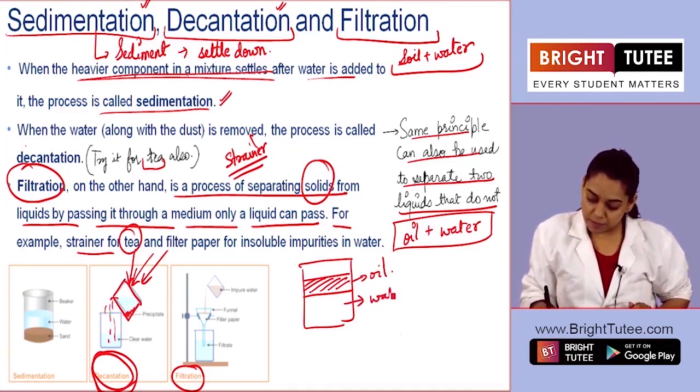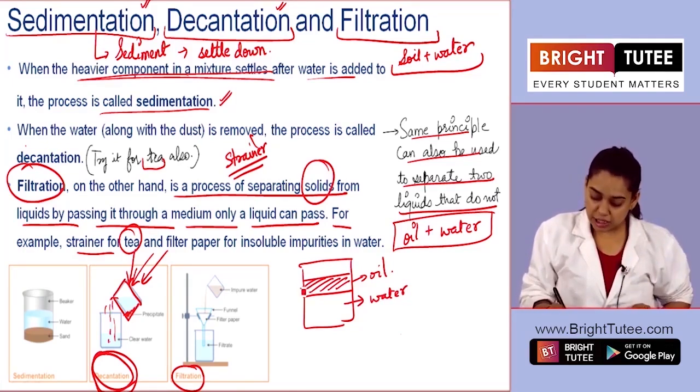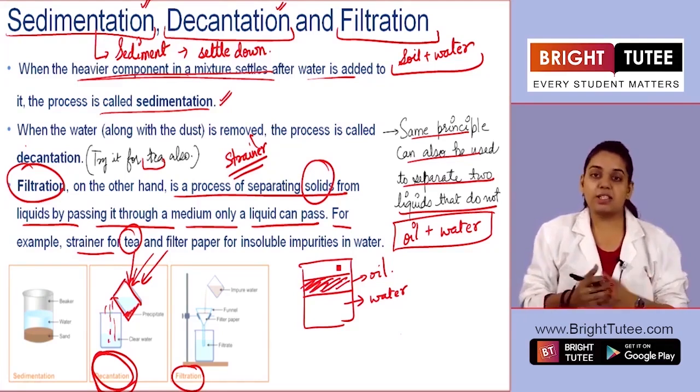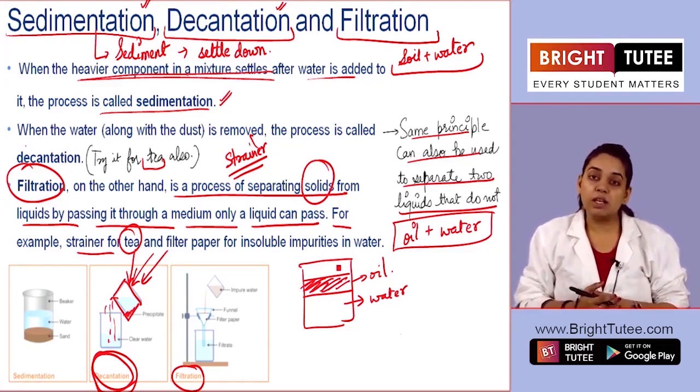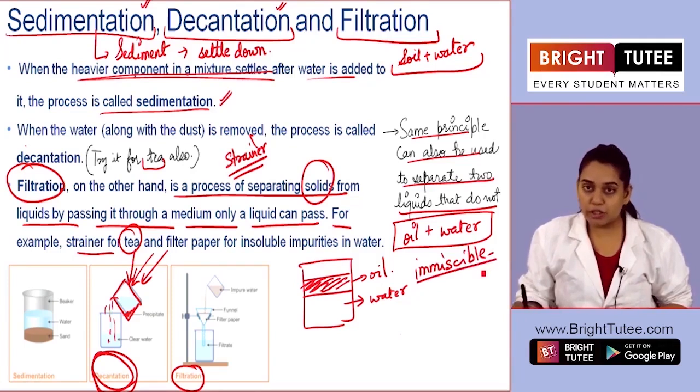This will be water. So by the process of decantation, we can remove this layer of oil and we can separate the two liquids which are not soluble, or we call them immiscible. Okay students, I hope that you would have understood this.